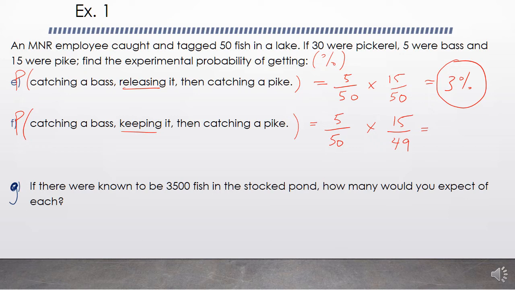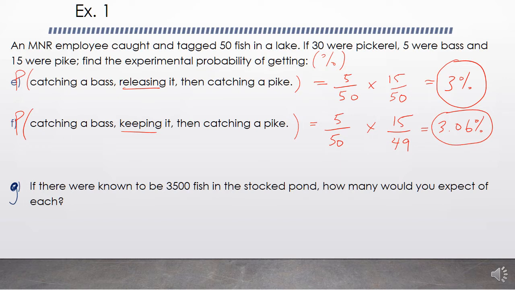Use your calculator. 5 divided by 50 times 15 divided by 49 times 100. And let's just go to two decimal places. 3.06%.